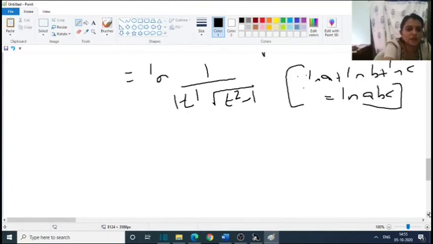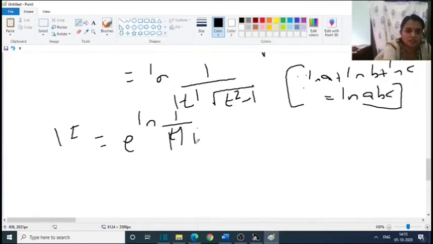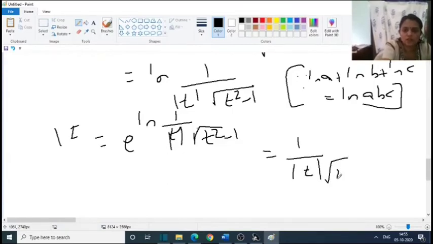Therefore, the integrating factor is equal to e raised to ln of 1 by mod t square root of t square minus 1, which is equal to 1 by mod t into square root of t square minus 1.